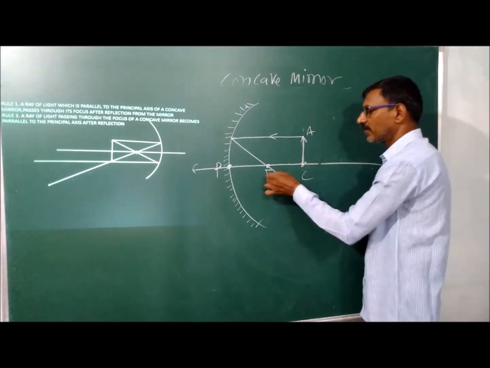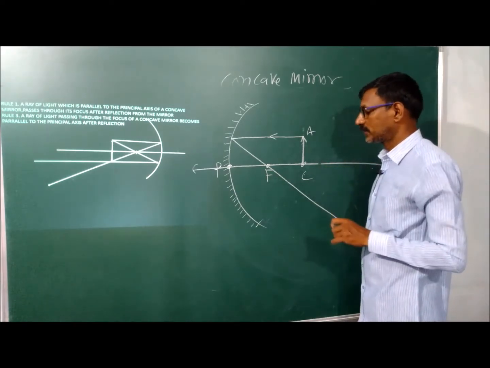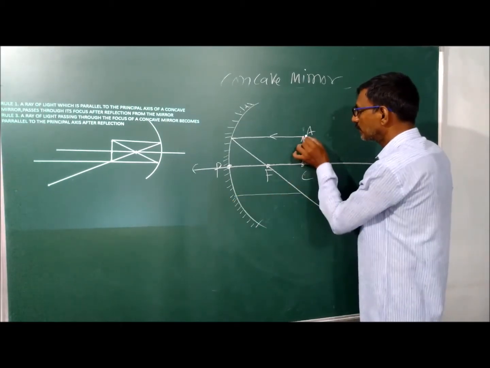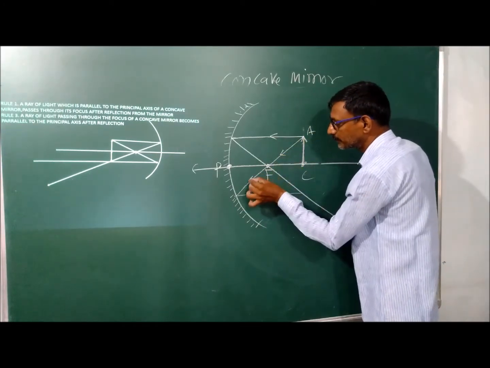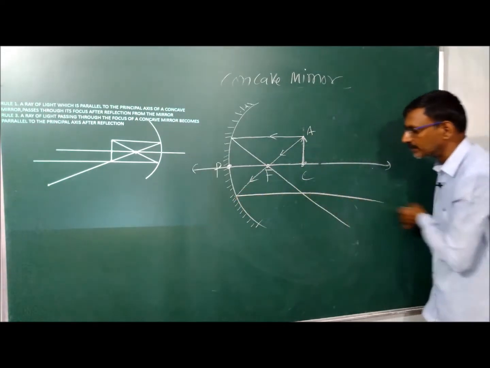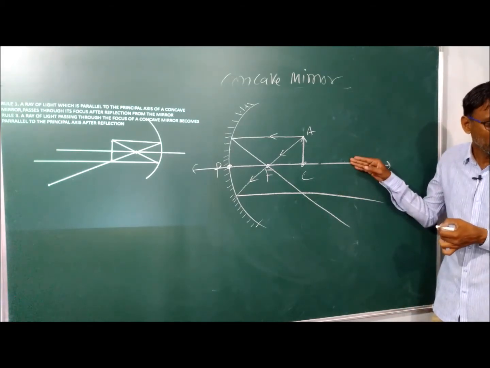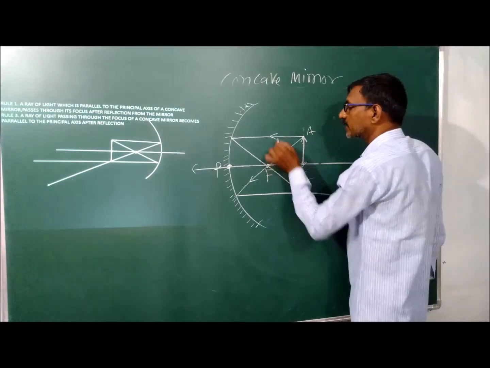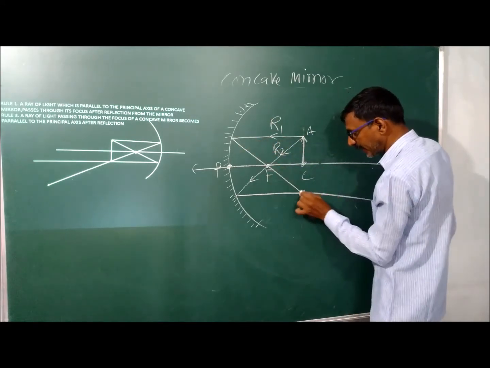Okay, this is my F. If a light ray is traveling through the focus, like this, it is reflected back and passes parallel to the principal axis after reflection. So in this direction, the first ray is R1, the second ray is R2. Both are intersecting at this point.